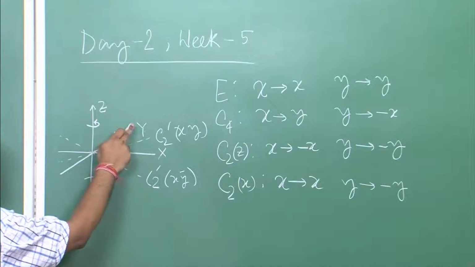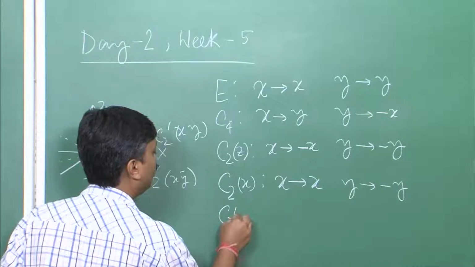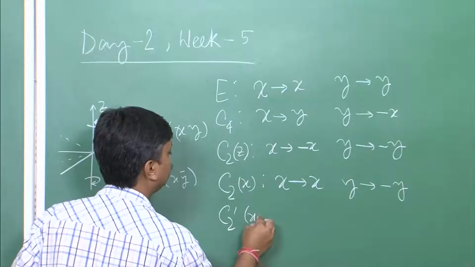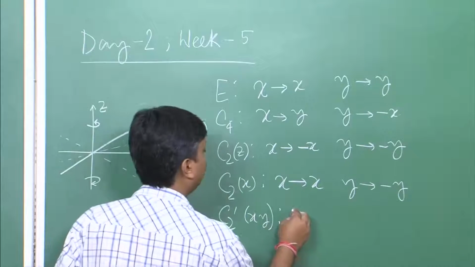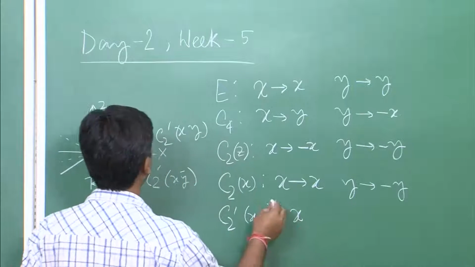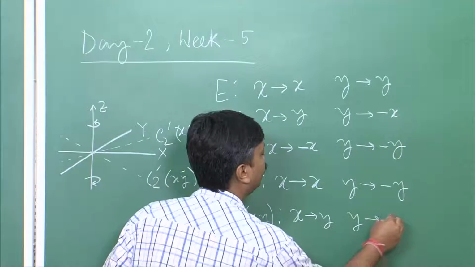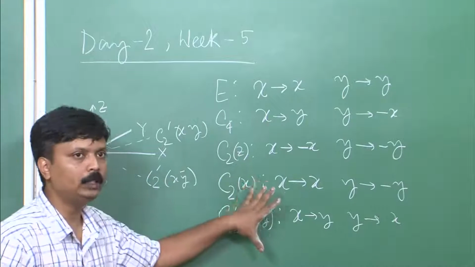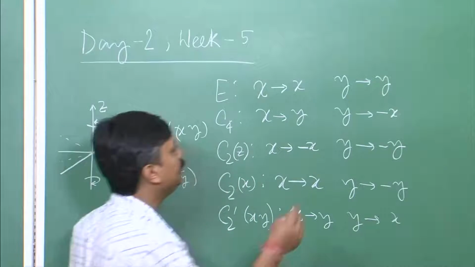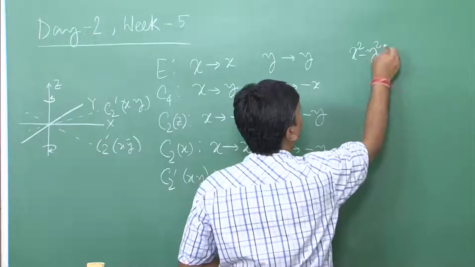X will become y and y will become x, right? So for C2 prime xy, x will become y and y will become x. Now if I know this one, so I can easily find out what will happen to x square minus y square.